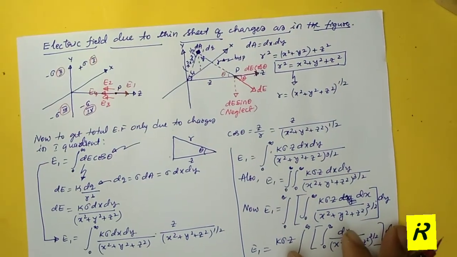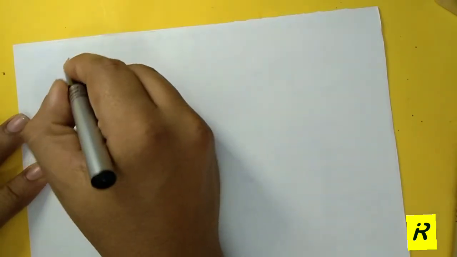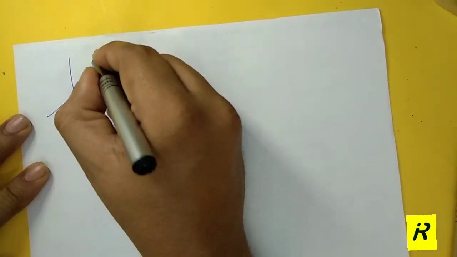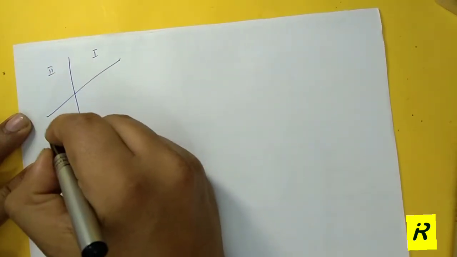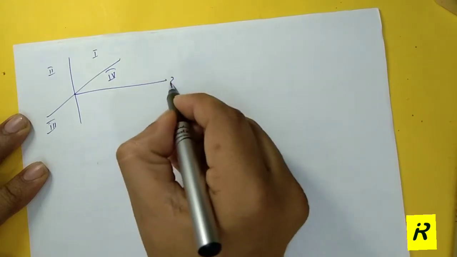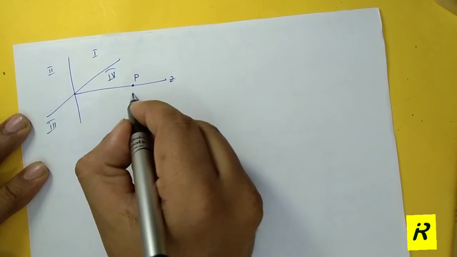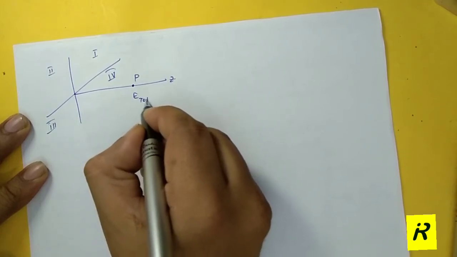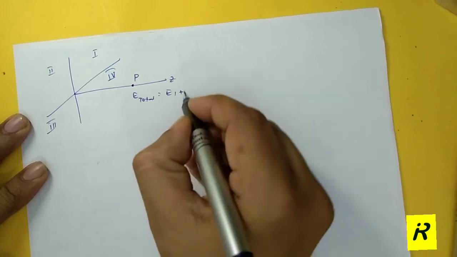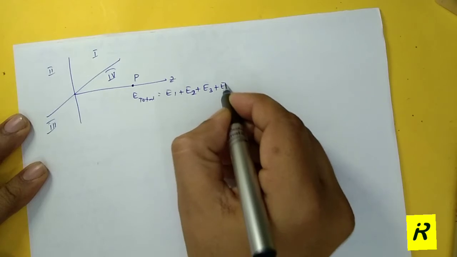So you must be careful when writing. See, the quadrants are like this: here is the first quadrant, and second, third, and fourth. This is the line of the z-axis. At the point P, the total electric field must be the algebraic sum of E1 plus E2 plus E3 and E4.